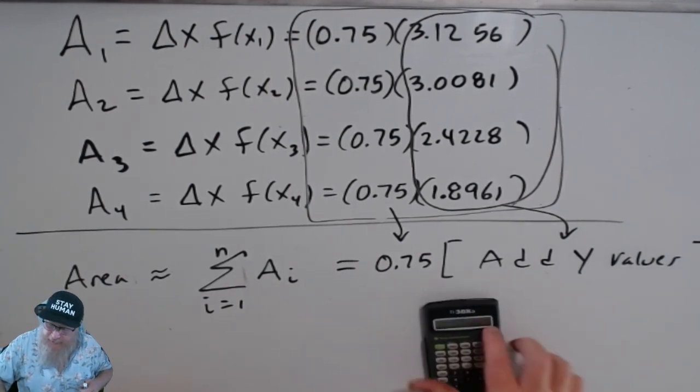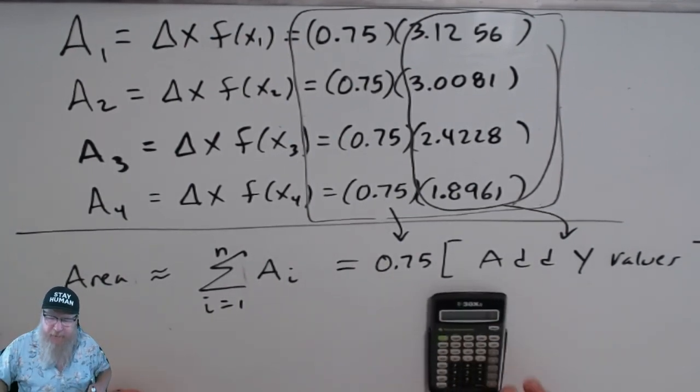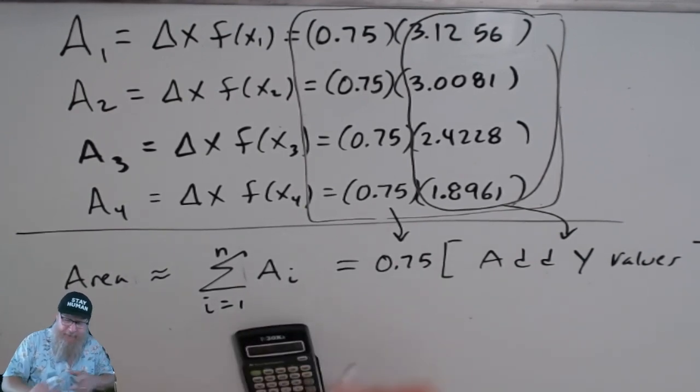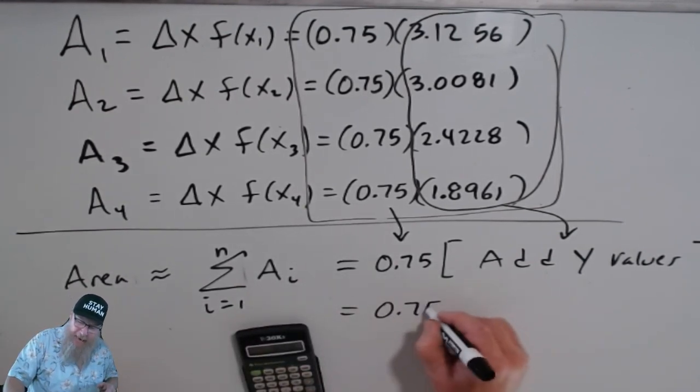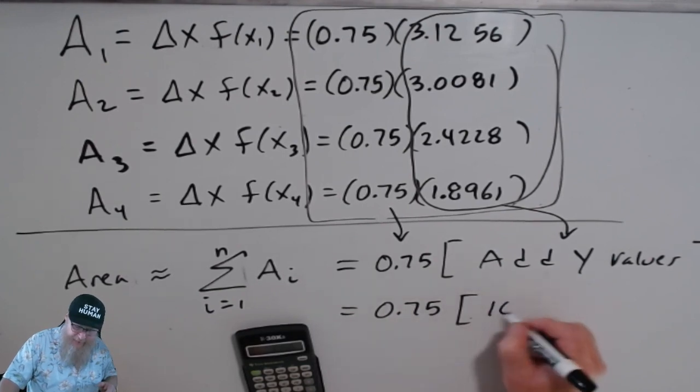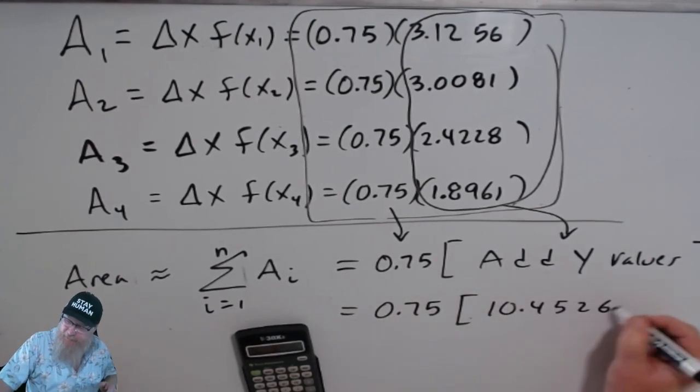And for this, I like to use an old-fashioned calculator because I don't want to hit something wrong. So I've got 3.1256 plus 3.0081 plus 2.4228 plus 1.8961. When I add up all those values, I get 10.4526.